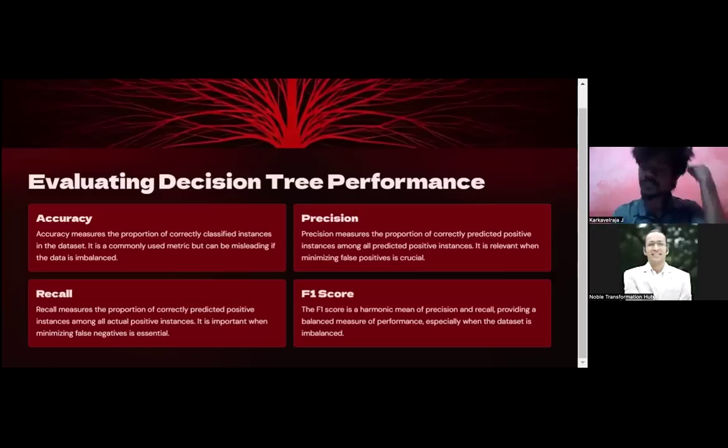They could be falsely positive also, guys, but it should be actually positive. So it is important when minimizing false negatives is essential.